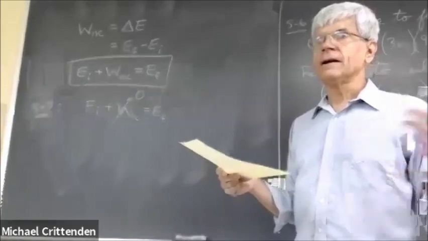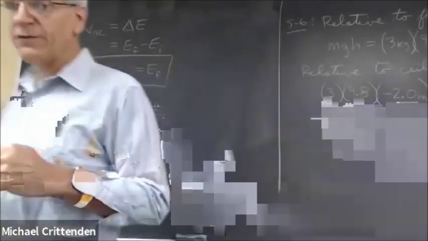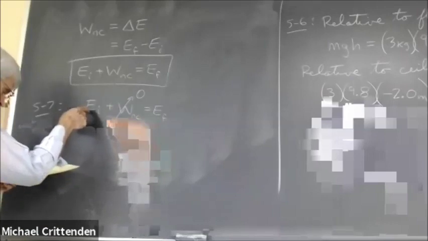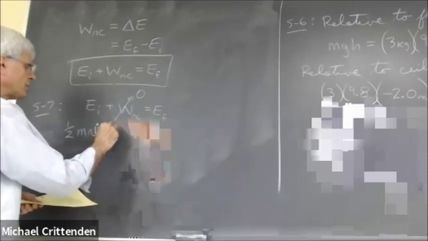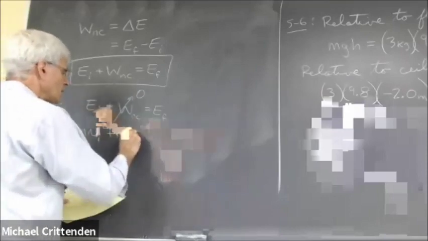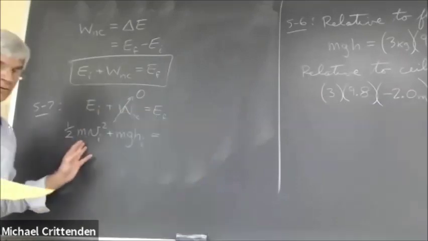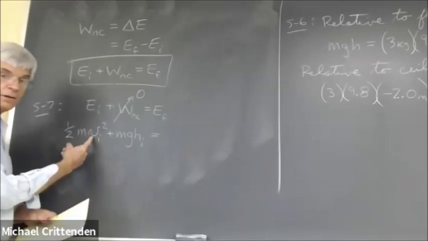Now, writing this out in twice as much detail as it's actually worth, just because it's my first time through something like this, E stands for, like it says over there at the other end of the blackboard, kinetic plus potential. 1/2 m v initial squared plus mg h initial. It says the book was dropped from rest, so therefore v initial equals 0.